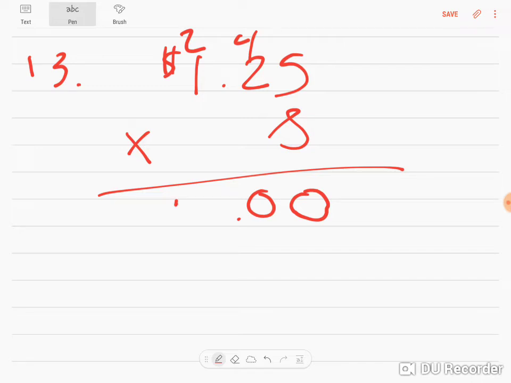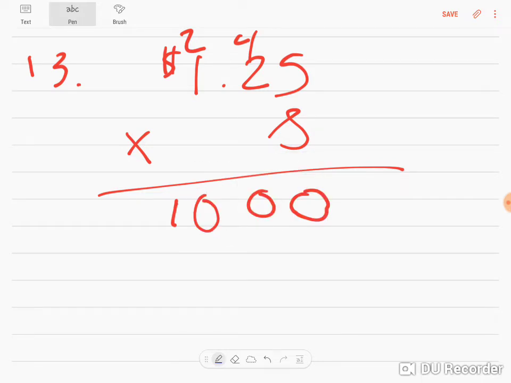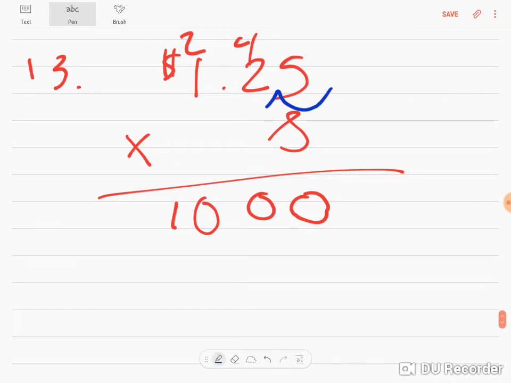Plus 2 is 10. And what I need you to do is count how many decimal places. So it goes 1, 2. So right here you need to go 2 decimal places. 1, 2. Our answer is $10.